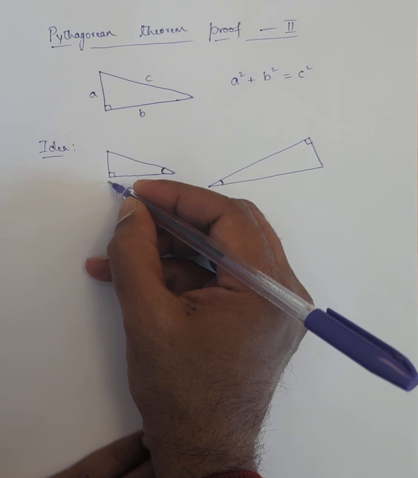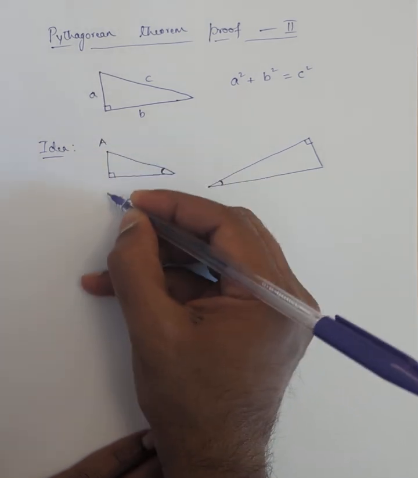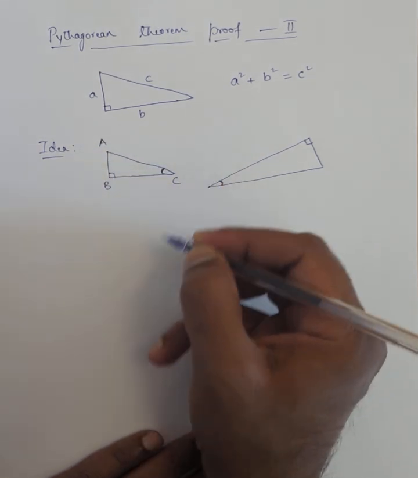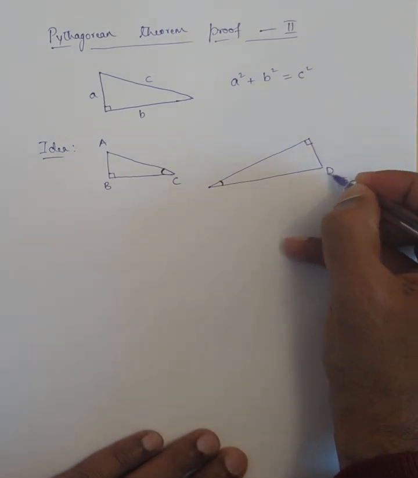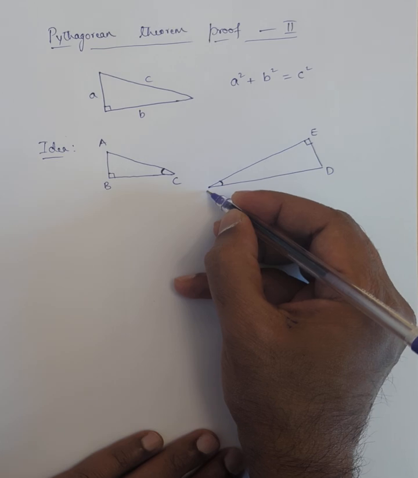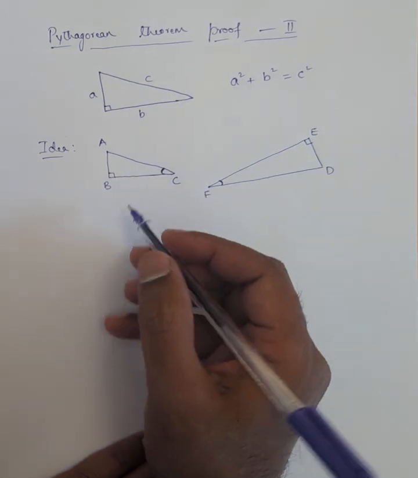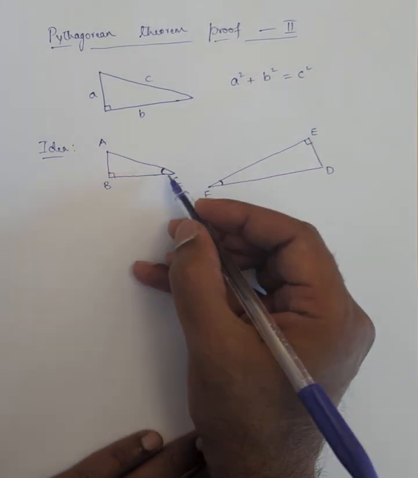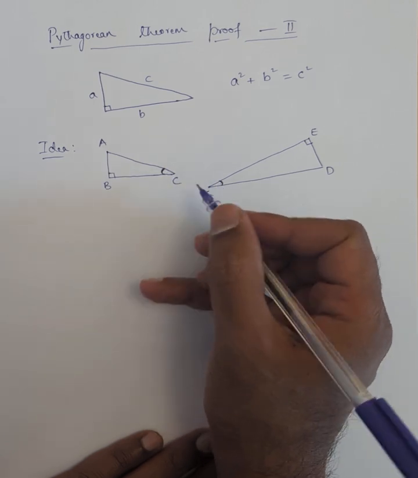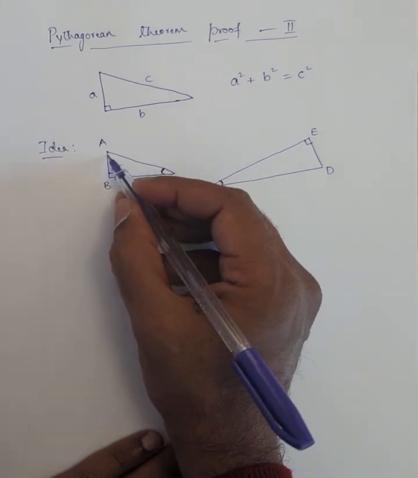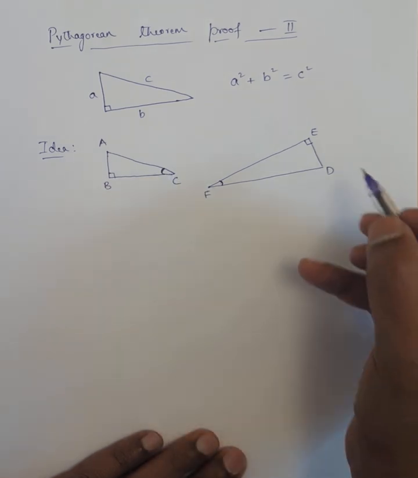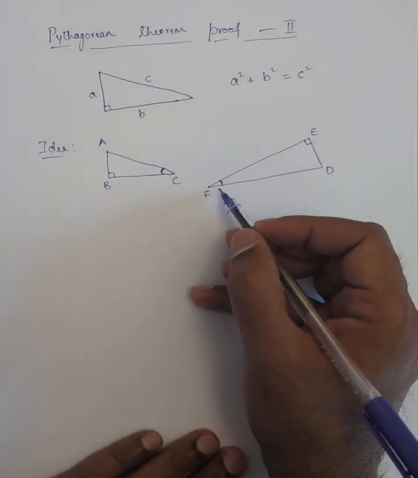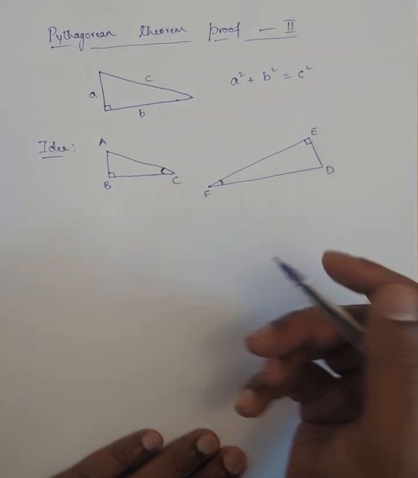So if I call this ABC, and let's write this as D, this as E, and this as F. Now, if these two angles match, notice that angle A is the complement of C, and angle D is the complement of F. So A and D will also match.